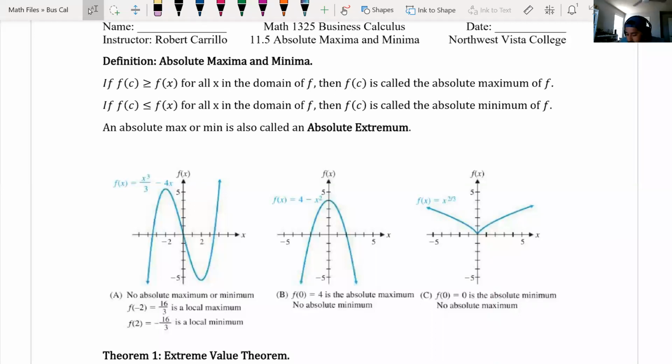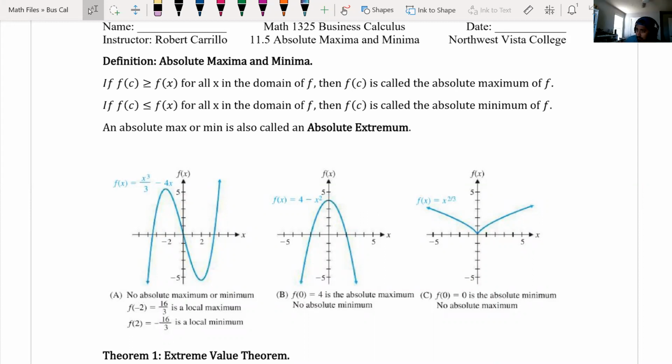Okay, today we are going to find absolute maximums and absolute minimums. An absolute maximum is the absolute highest point on a graph.